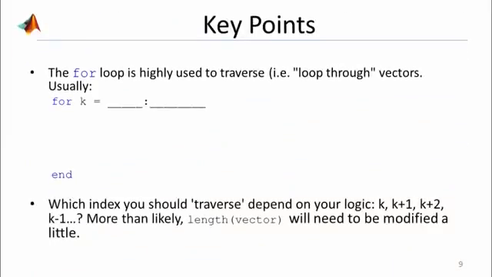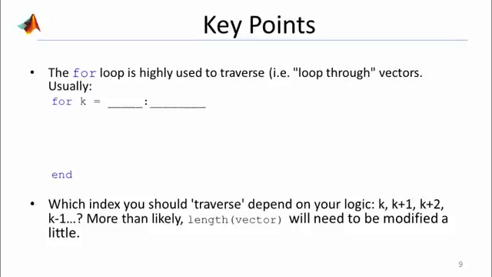Once again, to wrap up, the for loop is highly used to traverse vectors. If you want to traverse the entire vector, maybe modify it a little bit, always use a for loop. The only reason you would have to change this to a while loop is if you only wanted to traverse partially. Like, keep looking at a data point until you find one that specifically we want. Then you would have to stop. But if you want to traverse the whole vector, always go for a for loop.